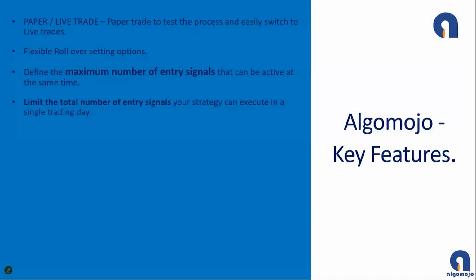that would be generated from your systems. There's a facility for you to specify how many trades you want to do in a day. Suppose you're a trader or a scalper, and you don't want to take more than say 5 trades in a day. You can set that as a limit in the platform.